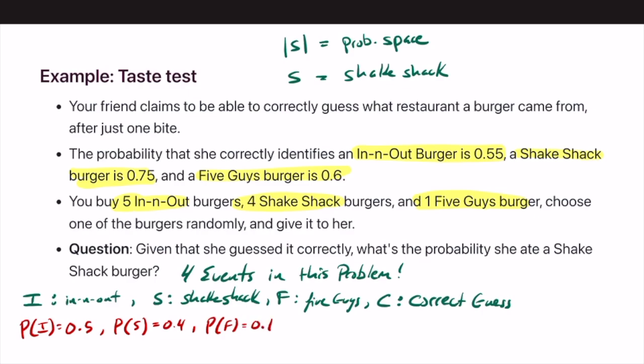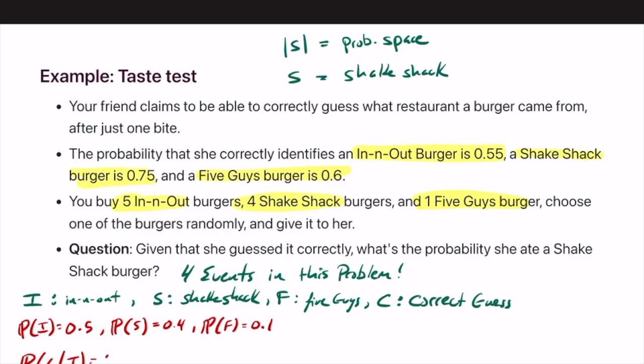Okay. Now then, we want to write our conditional probabilities. So this is that your friend guessed it correct given that it is an In-N-Out burger.